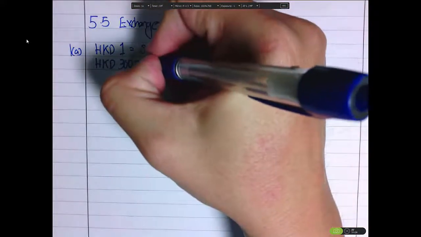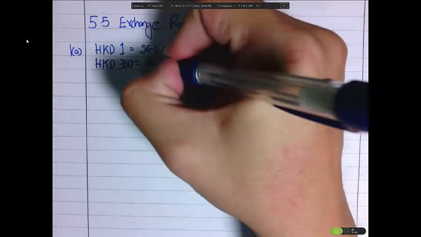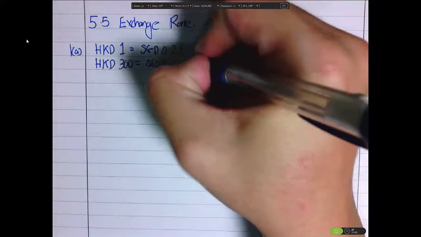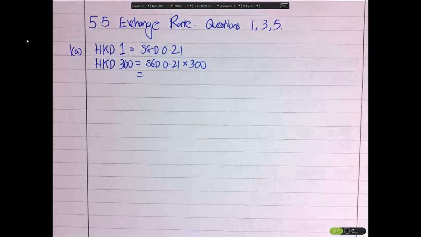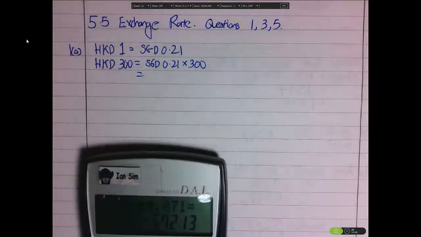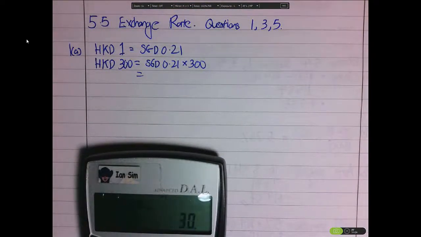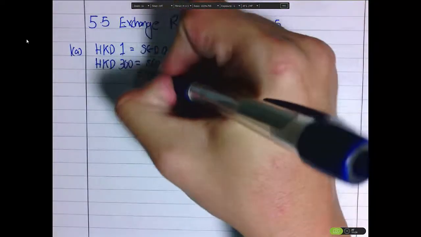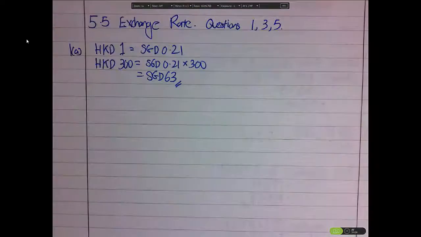So here it will be SGD 0.21 times 300. So what I get is 0.21 times 300, very quickly, is Singapore $63. So you receive 63 Singapore dollars.